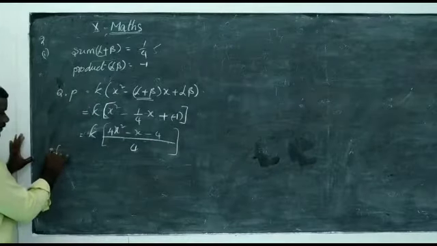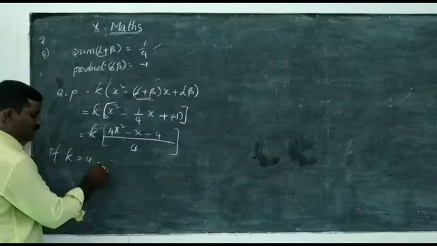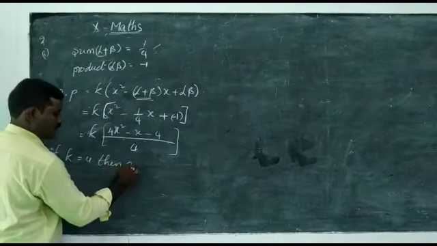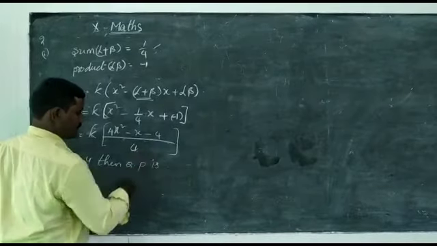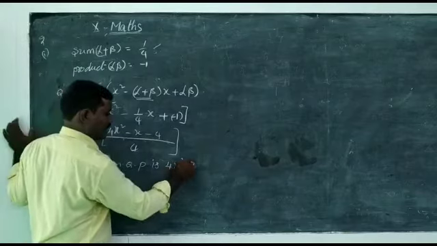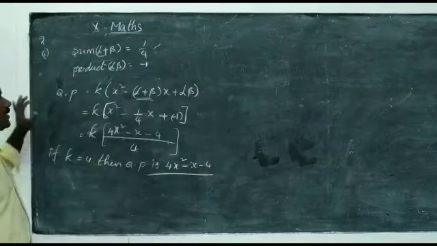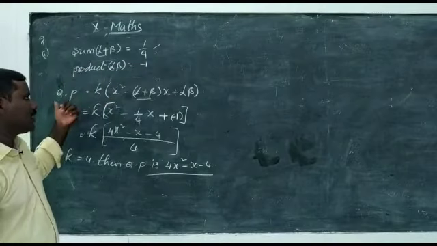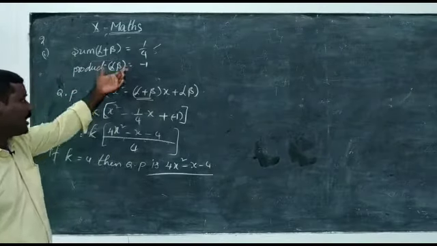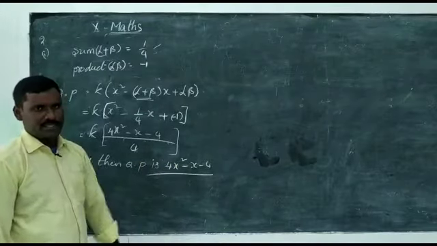Now if you substitute k equal to 4, then the 4 and 4 cancel, and we get 4x square minus x minus 4 as the quadratic polynomial. When sum and product are given, the quadratic polynomial formula is this one. Like this we have to do and we get the quadratic polynomial. This is about the second Roman.